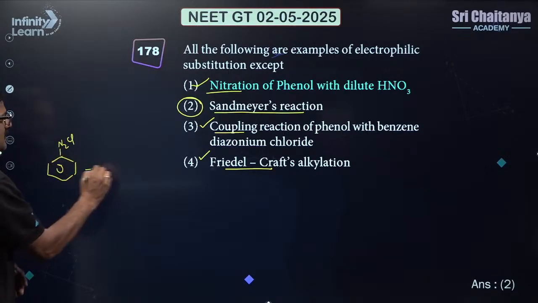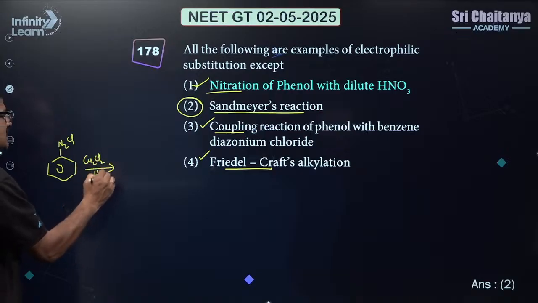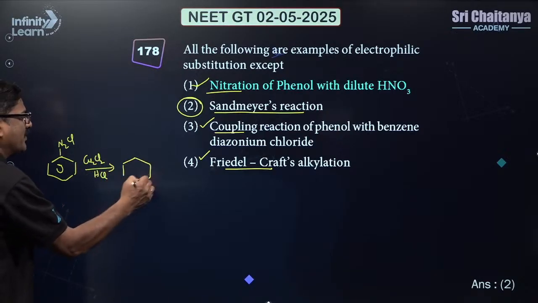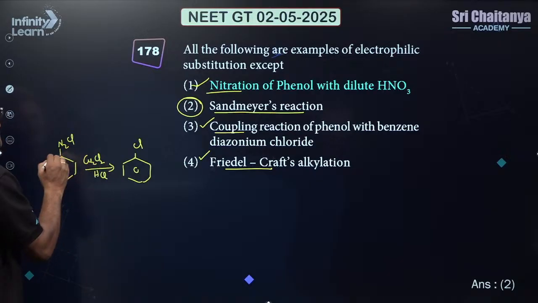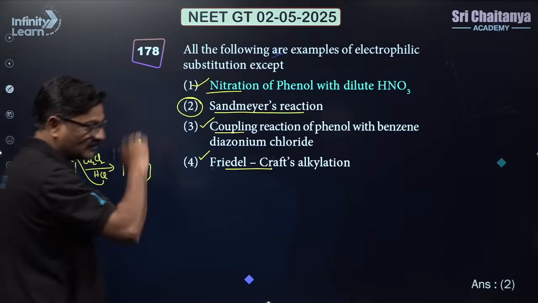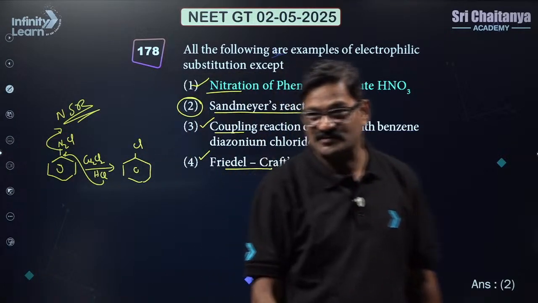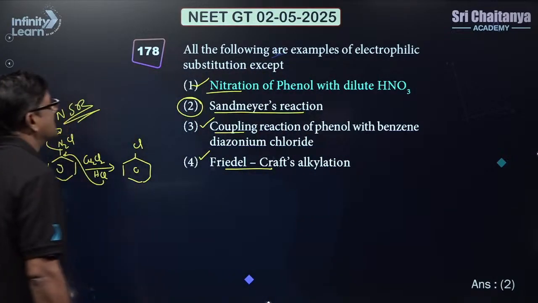C6H5N2Cl, when it is treated with Cu2Cl2 and HCl, you are going to get chlorobenzene, and here this Cl minus is going to attack. So it is a nucleophilic substitution reaction, not an electrophilic substitution reaction. That's very important. So the answer for this question is going to be 2.